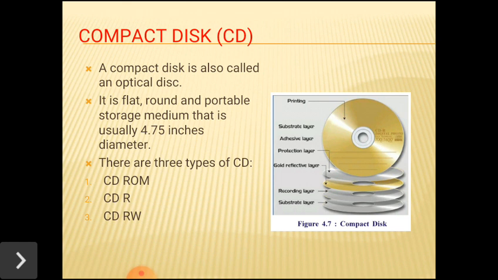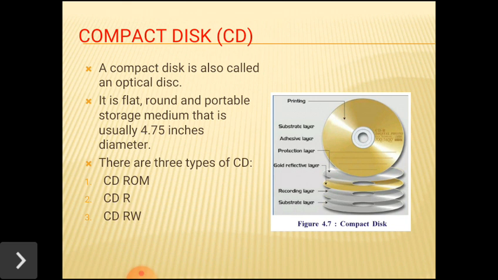There are three popular types of optical disc: CD-ROM, CD-R, and CD-RW. CD-ROM is the most popular type among them. CD-ROM stands for compact disc read-only memory. CD-ROMs usually come with data already written onto them. It is possible for users to write data to an optical disc.